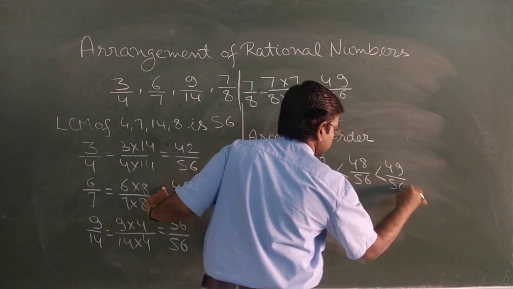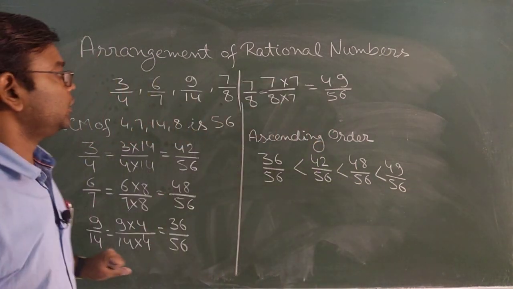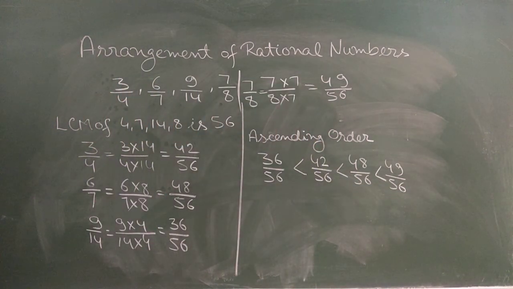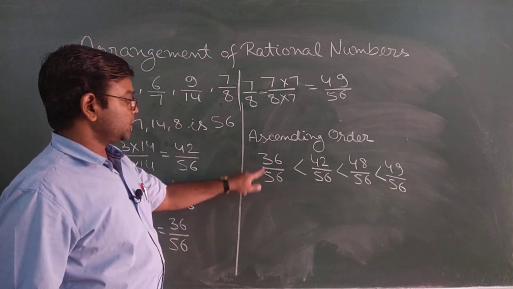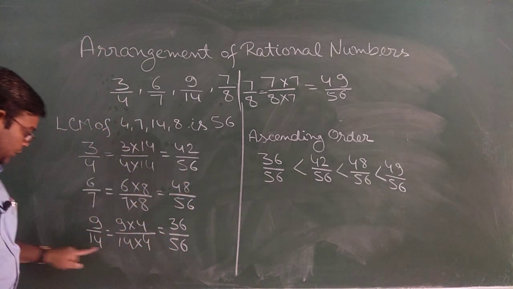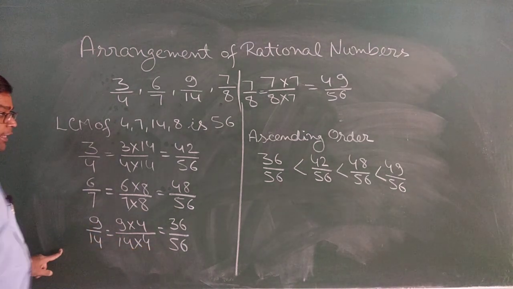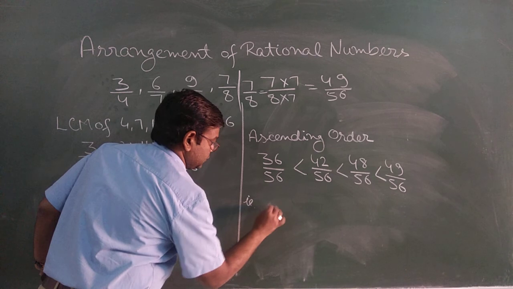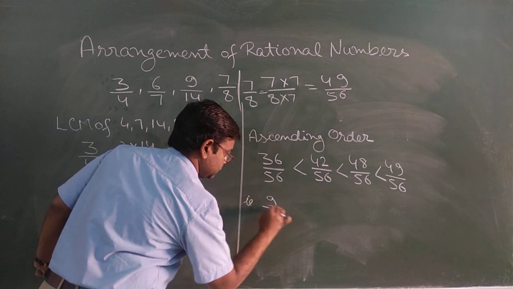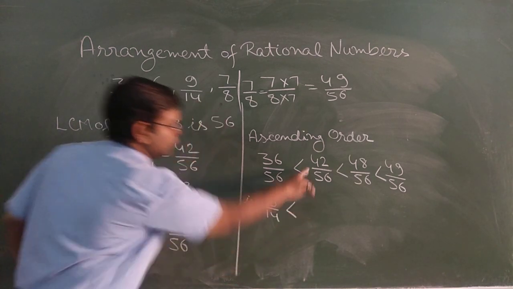Clear? Now see, in this case 36 upon 56 represents this 9 upon 14. You have to tally. So 9 upon 14 is smaller. 42, where is 42?